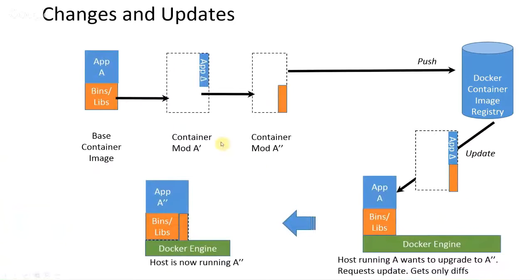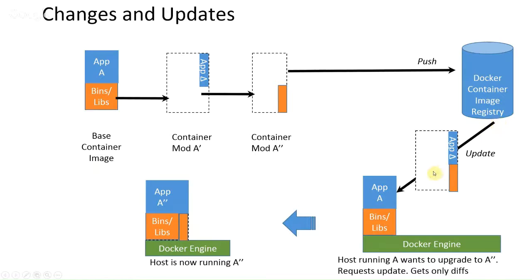Okay, so this diagram shows how pushing a Docker container happens. You have a base container or image, then you modify something on top of that container, and there may be some changes to the bin libs also. So the application layer and the dependency layer will have changes. When you push it, it will only push these changes to the Docker registry.